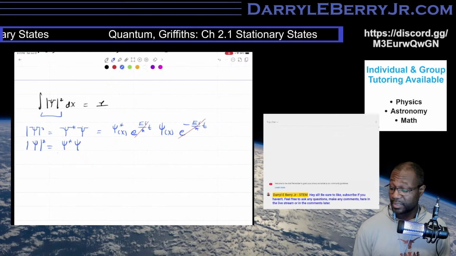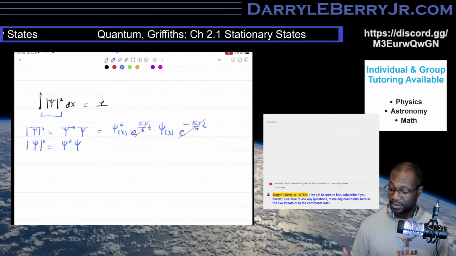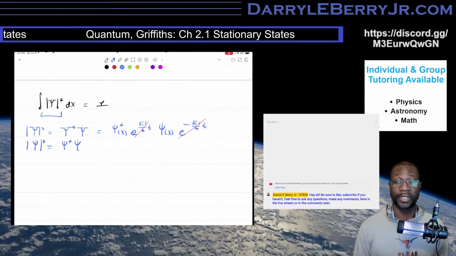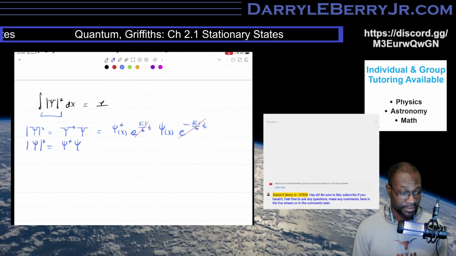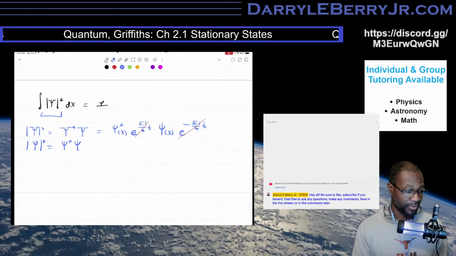So no matter how time changes, x does not change, so the value for x will be what it is. It won't deviate over time, and thus the equation is stationary. That's one thing to point out.